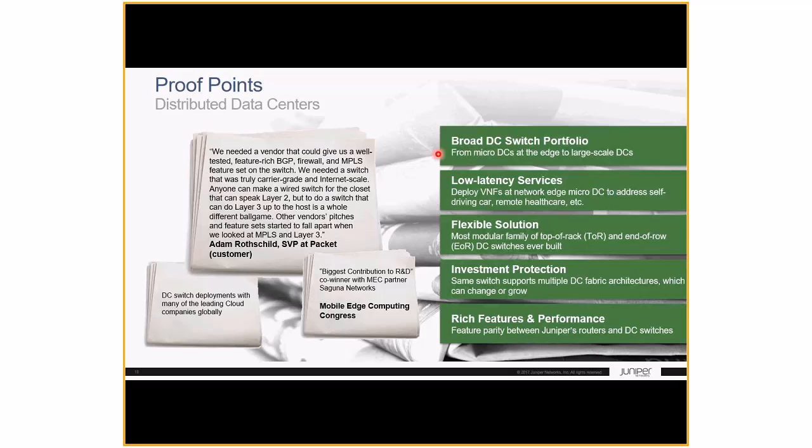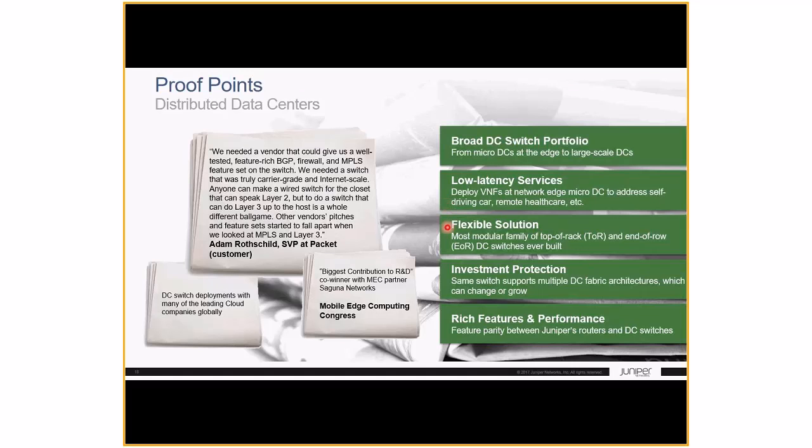As you saw, we have a broad portfolio from micro data centers to huge hyper cloud data centers. The key to low latency is going to be really important with things like self-driving cars, remote healthcare, and lots and lots of other examples where low latency and compute at the edge are required to build distributed data centers.